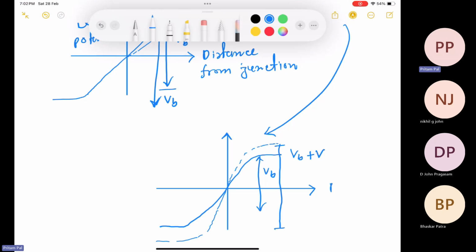So this is also the distance from the junction, and this is the electric potential.